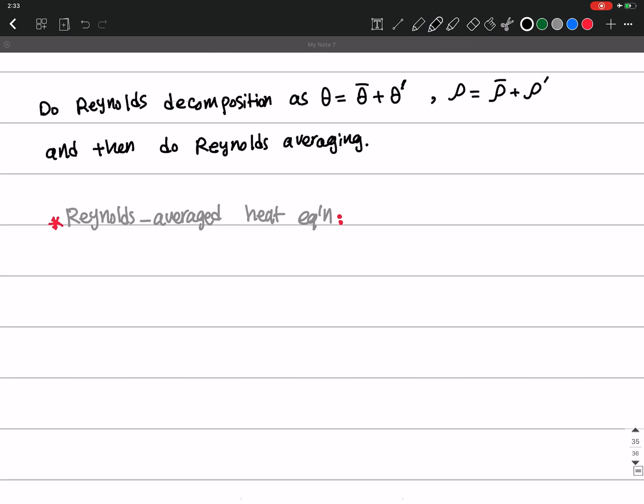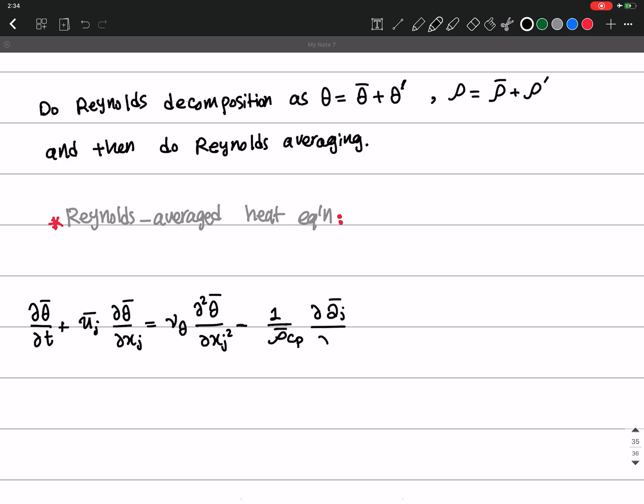We are going to have this equation: partial theta bar over partial t plus u_j bar partial theta bar over partial x_j equals nu theta partial square theta bar over partial x_j square minus 1 over rho bar Cp partial Q_j bar over partial x_j minus Lv E over rho bar Cp minus partial u_j prime theta prime bar over partial x_j.